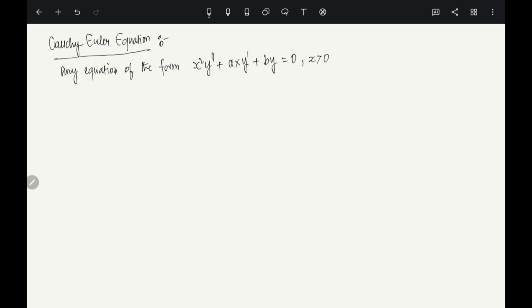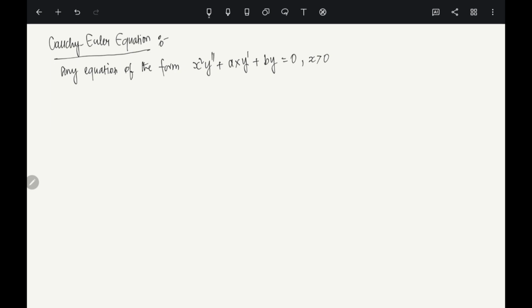Clear? So this sort of equation we call a Cauchy-Euler equation. One beautiful thing about this equation is the power of x which is involved with y double prime is 2, with y prime is 1, and with y is 0. That is this beautiful structure.